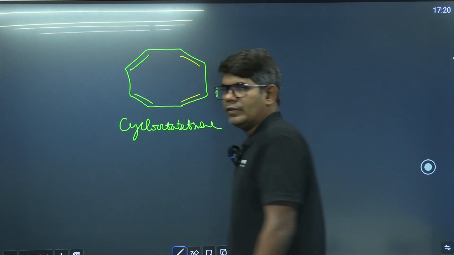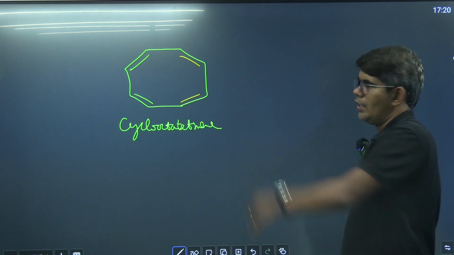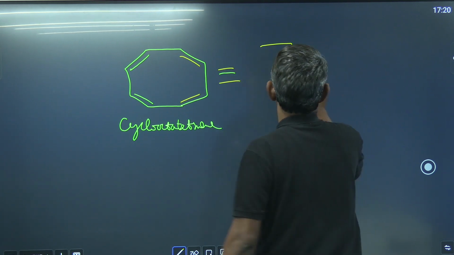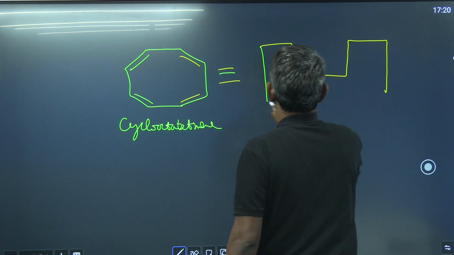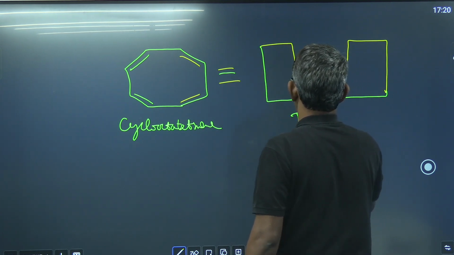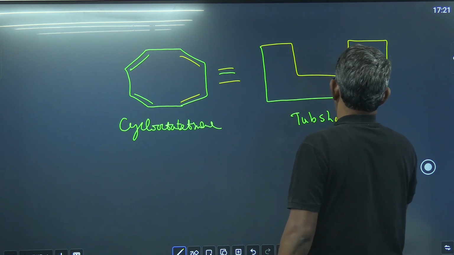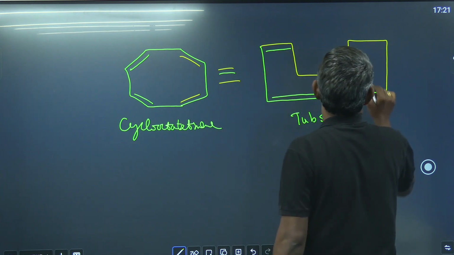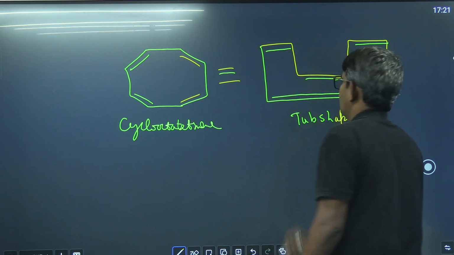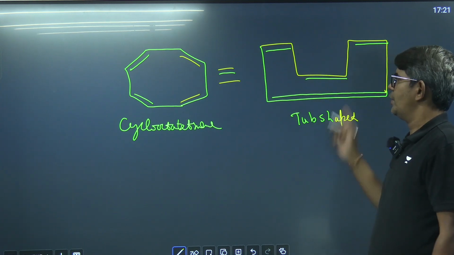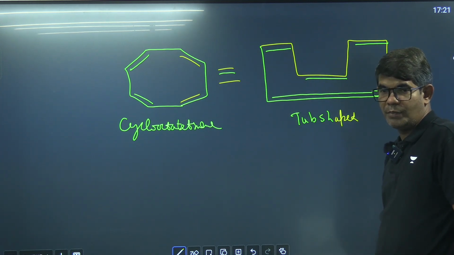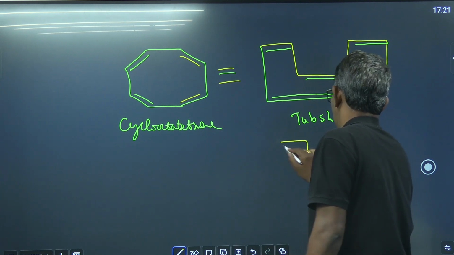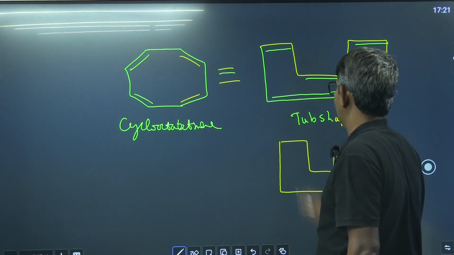It seems that the pi bonds are in conjugation, but the actual structure is something like this, a tub shaped structure. So, do you think in this the pi bonds are in conjugation? No. Why? Let me be more clear, guys.